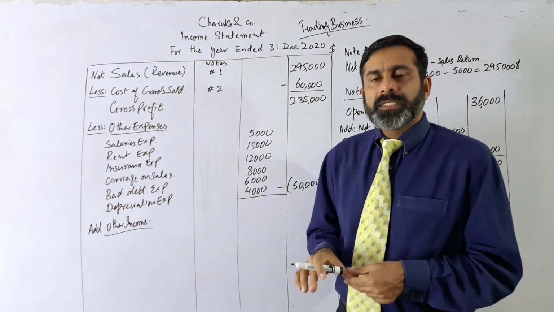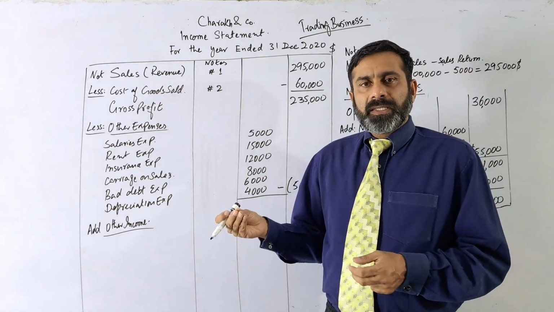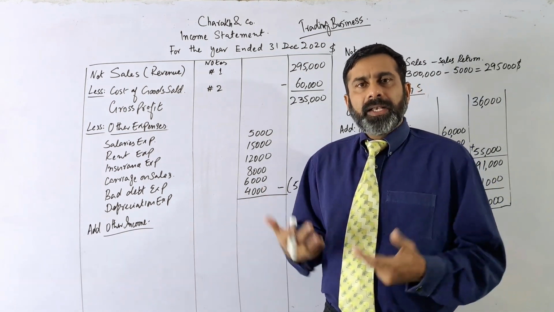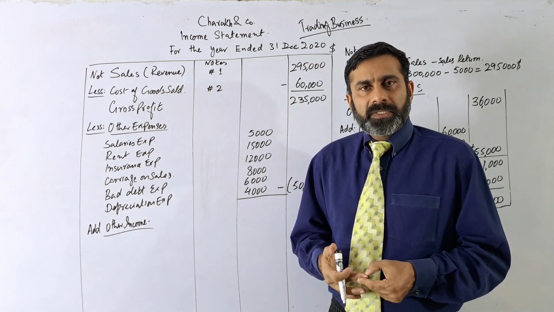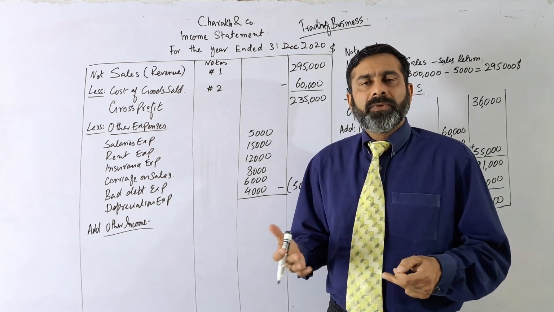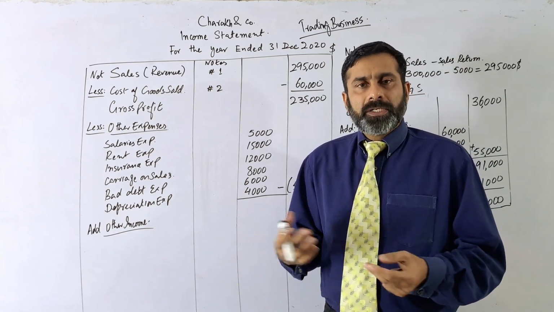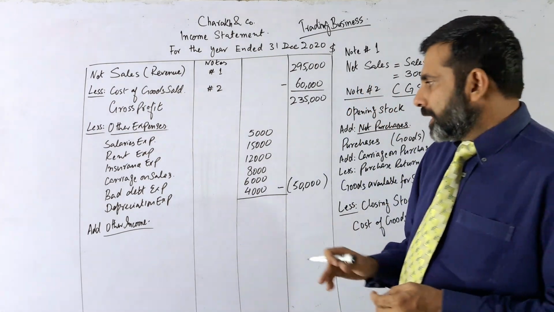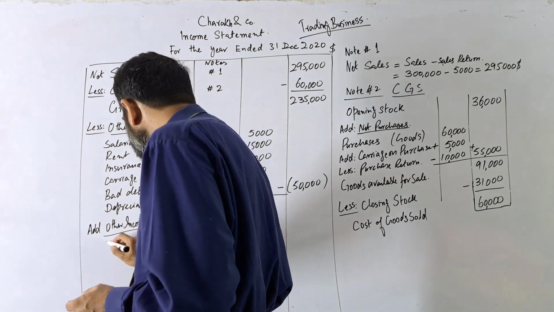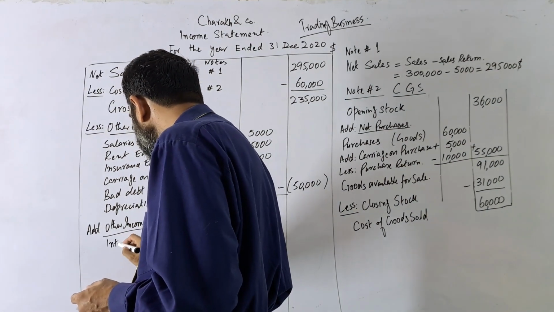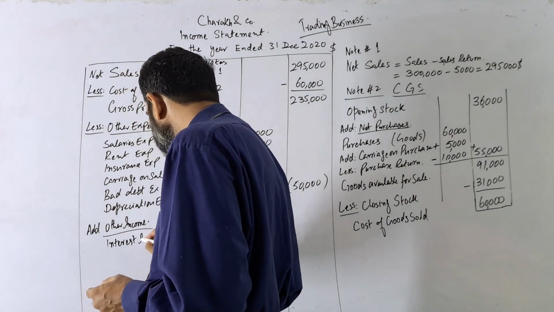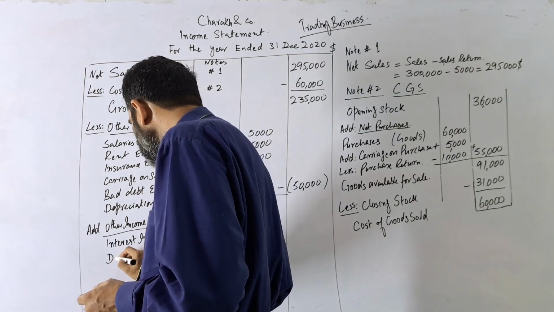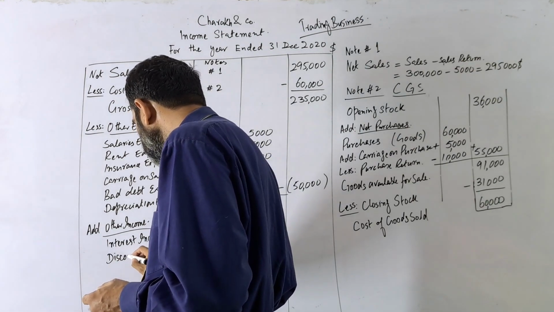They may have invested in some other businesses, and they may be getting some dividend income or other resources of income, or there is a possibility that they have received some discount. So let's say 2 or 3 other incomes are there. Let's say for example interest income, and then we have a discount received.